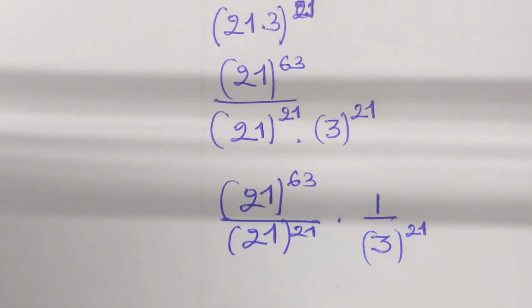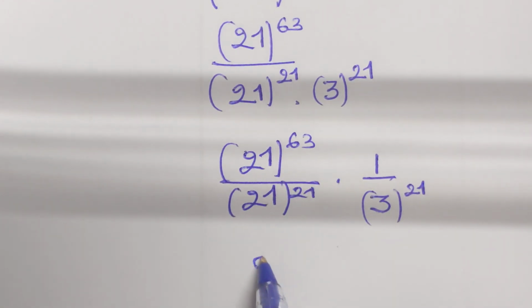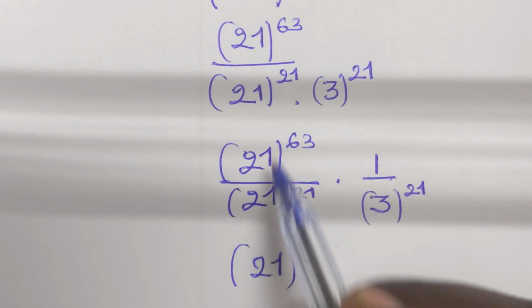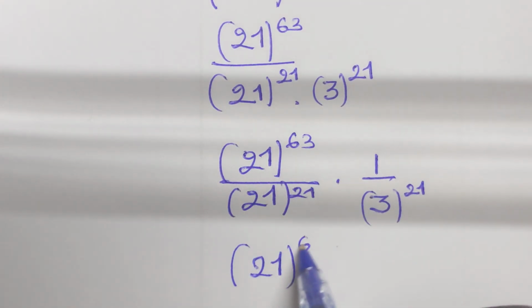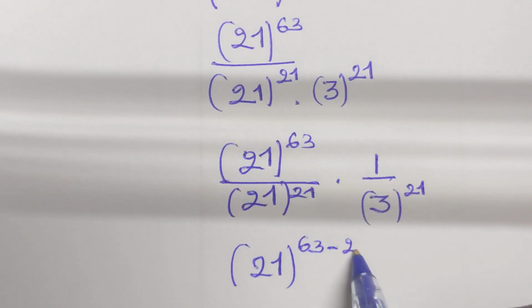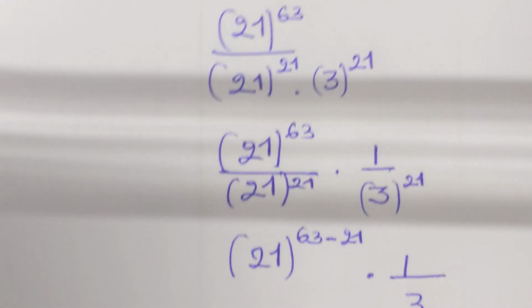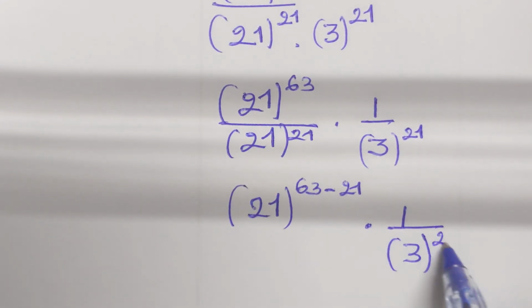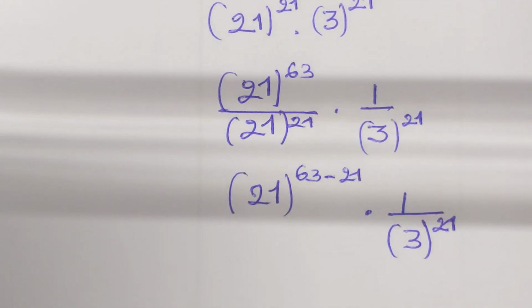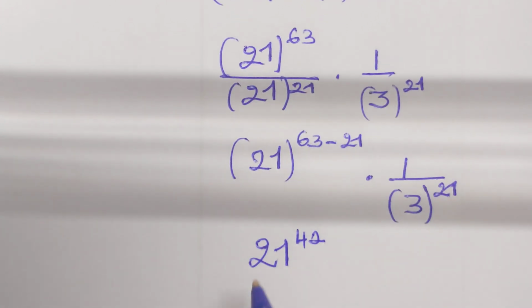Now here we can write 21, then when you have the same base, the power will be subtracted, 63 minus 21, then times 1 over 3 power 21, and this will be 21 power 42, okay, then times 1 over 3 power 21.